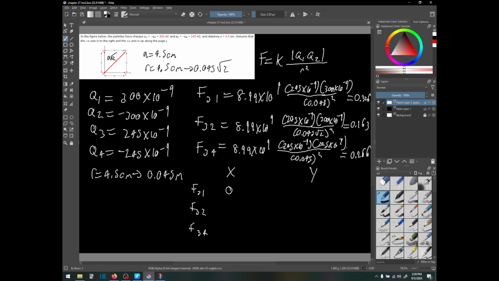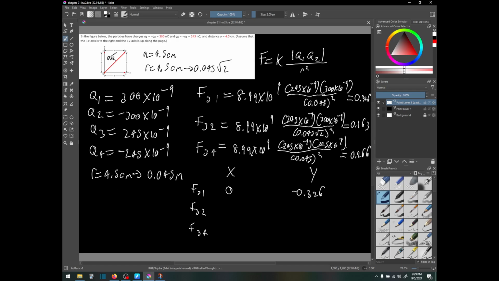Particle 1 is positive, and particle 3 is also positive. So it's not going to be attracted, it's going to be repelled, making this a negative y. So now we have negative 0.326.